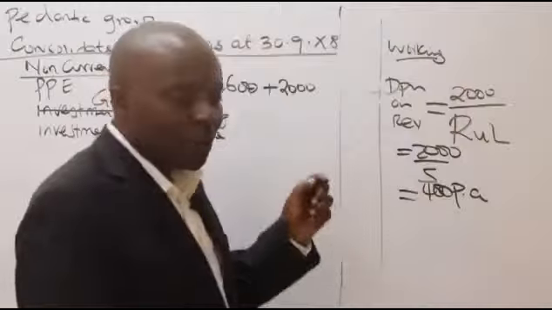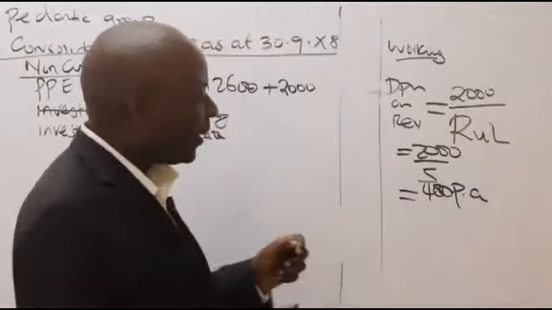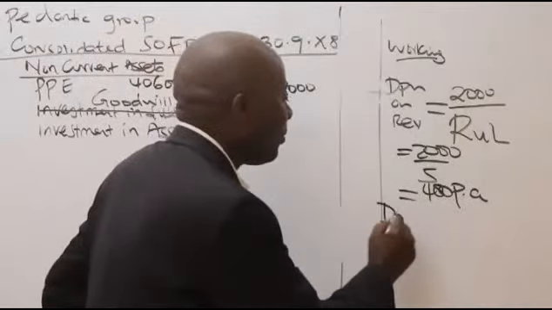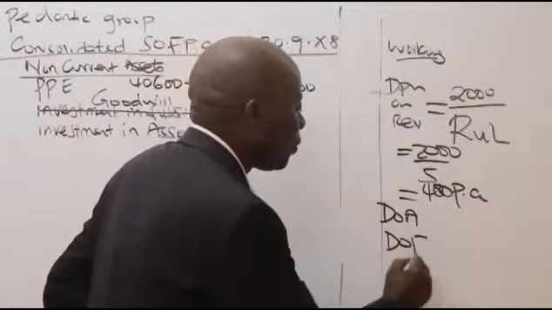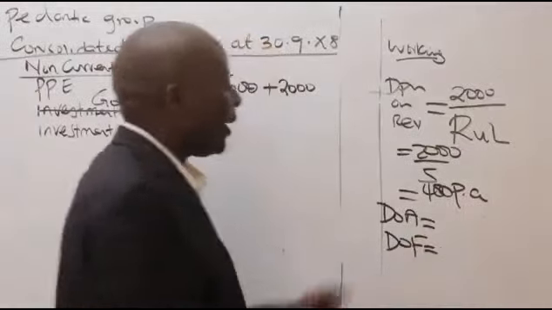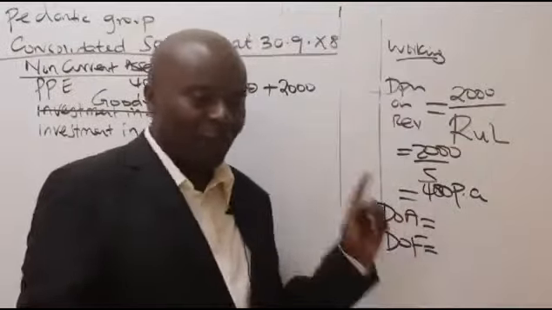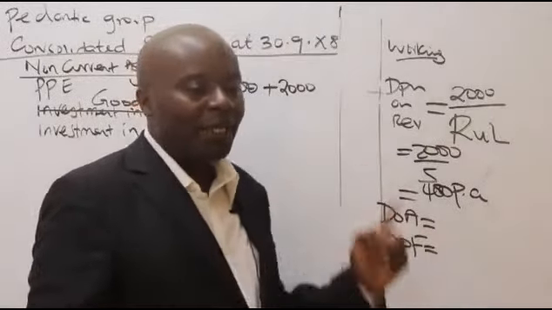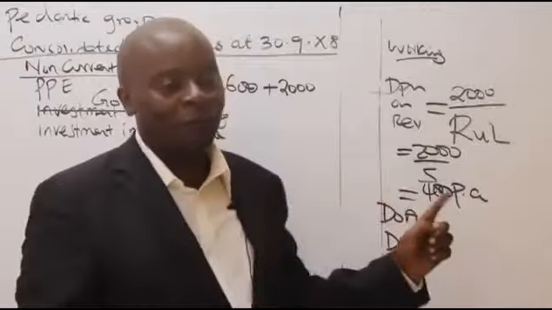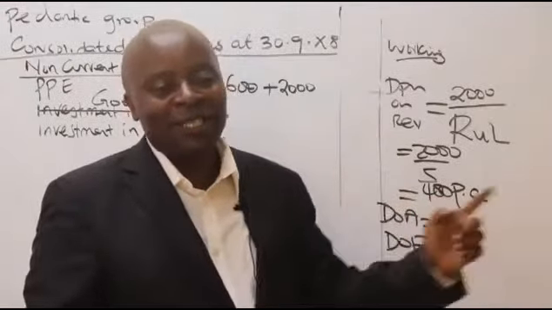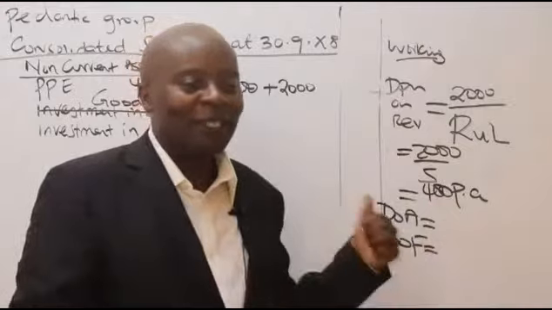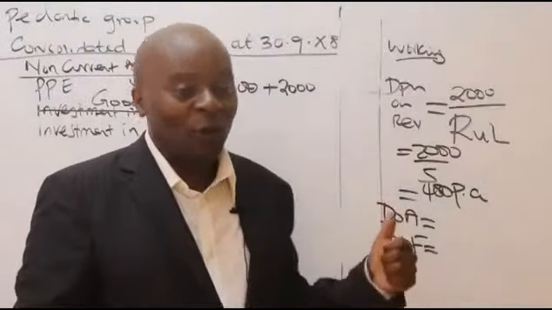For me to be able to get the number of months that we stayed with this subsidiary, I need the DOA and the DOF. These are terms that we use every day in my workplace. What is the DOA of that subsidiary? What is the DOF of that subsidiary?